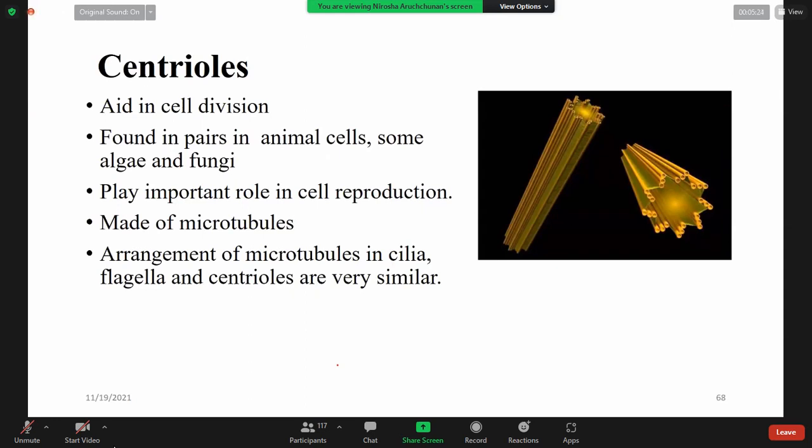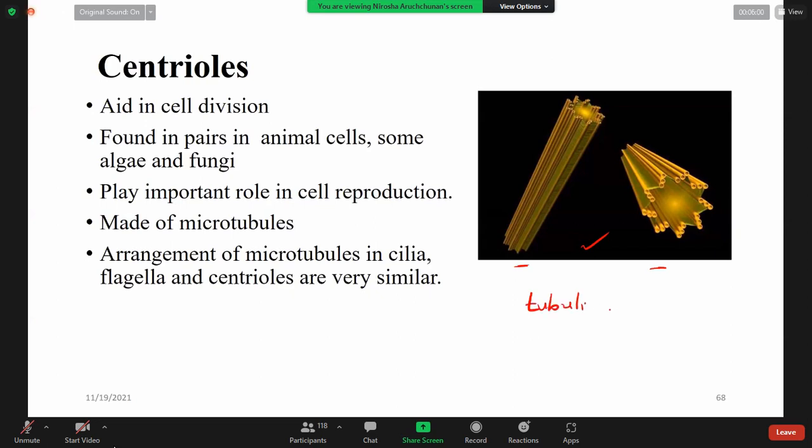The centrosome organelle is made up of two mutually perpendicular structures known as centrioles, right? Each centriole is composed of 9 equally spaced peripheral fibrils of tubulin protein.